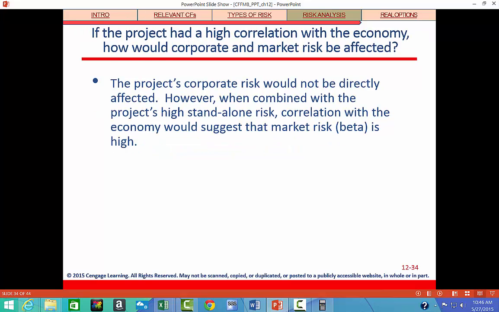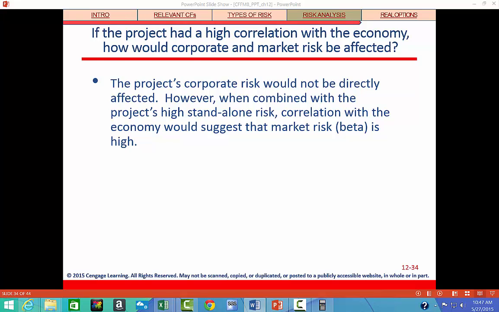Now, the next question has to do with if the project had a high correlation with the economy, how would the corporate and market risk be affected? So in terms of corporate risk, if the project's cash flows were highly correlated with the firm's aggregate cash flows, which is a generally reasonable assumption, then the project would have high corporate risk.